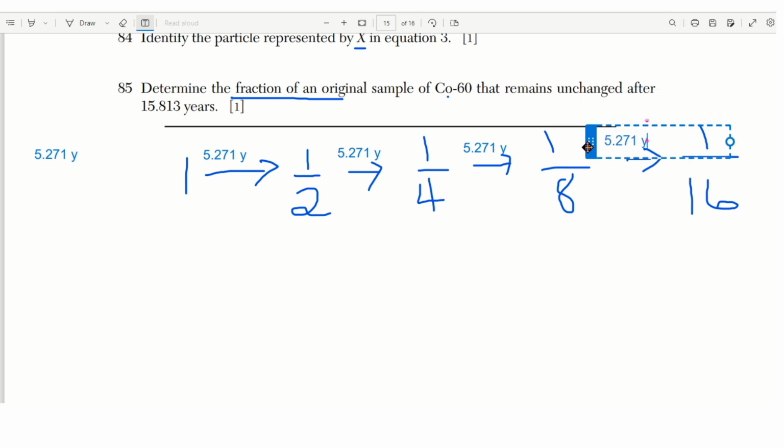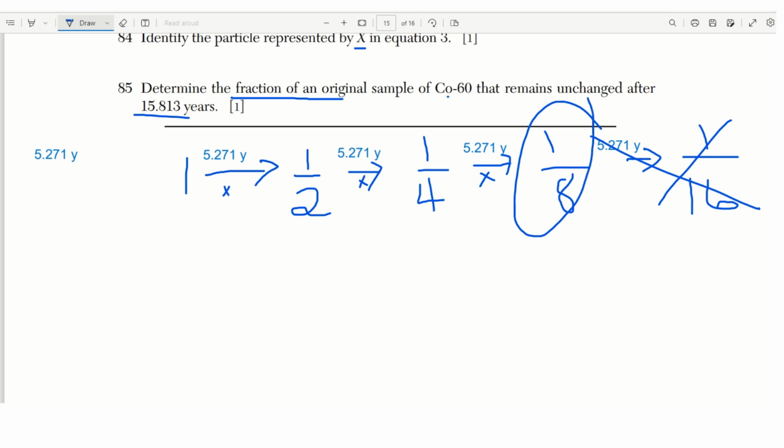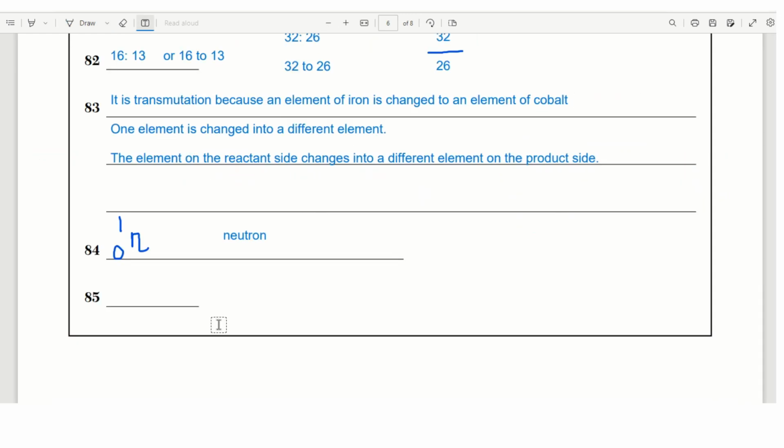So how many years passed? 15. So I need this half-life and this half-life and this one. That's it. So not this. So what fraction is left? 1/8.